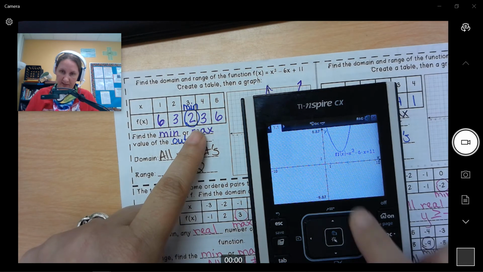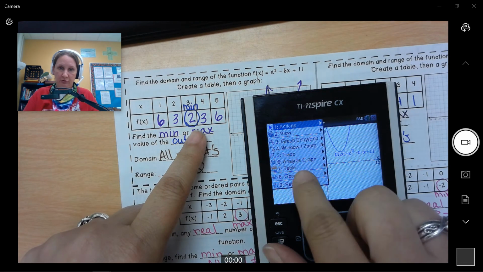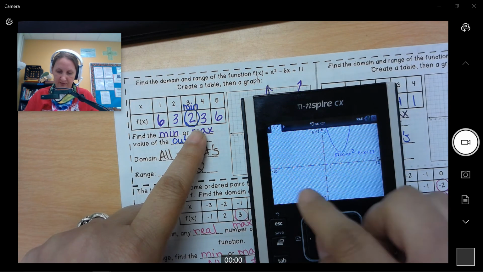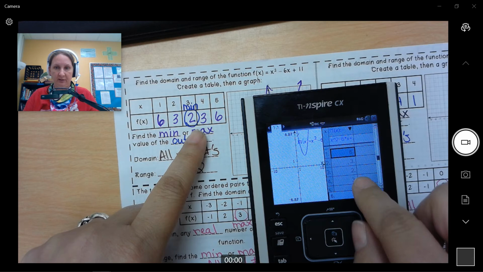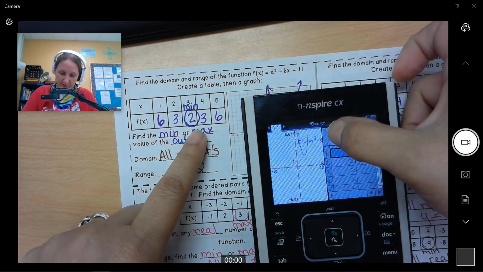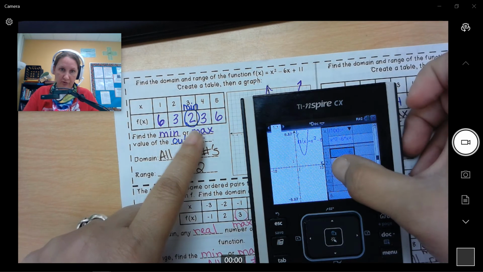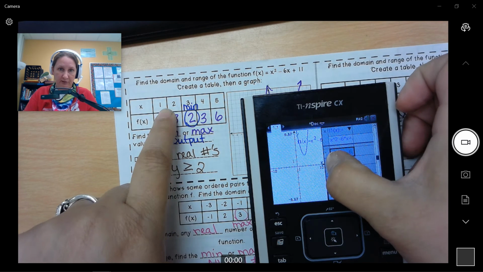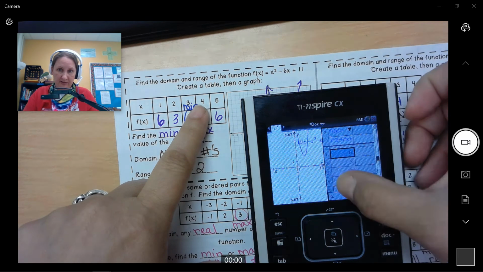The best way to do that is to push menu, go to table, which is 7, and do a split screen so you can still see your picture of your graph, but also see the table. The numbers on the very edge here, those are your x's. Those are the same as here. So we just need to go up and down until we find 1, 2, 3, 4, 5, which just happens to be on the screen.